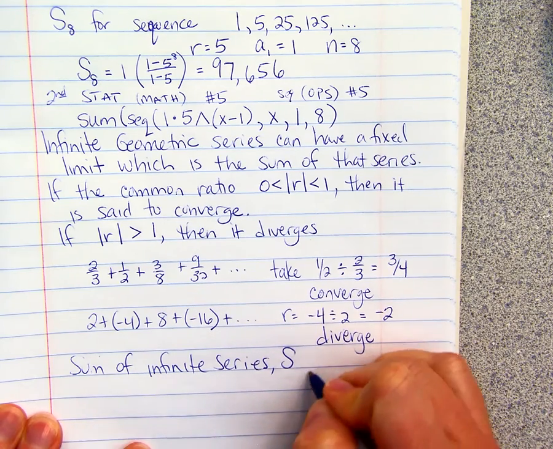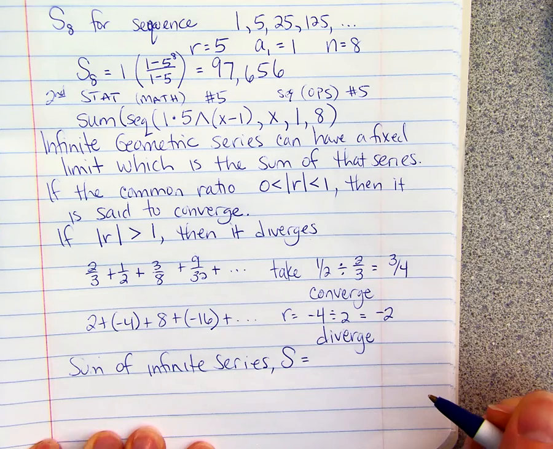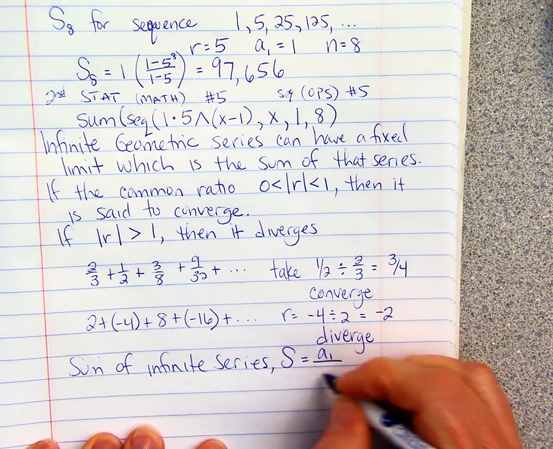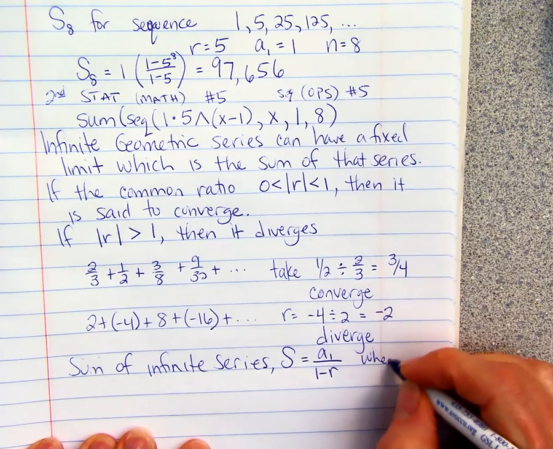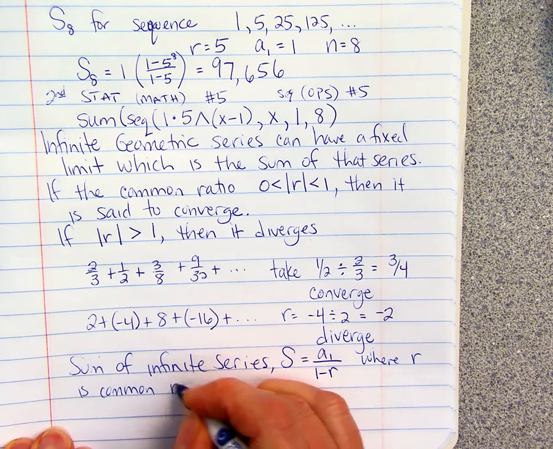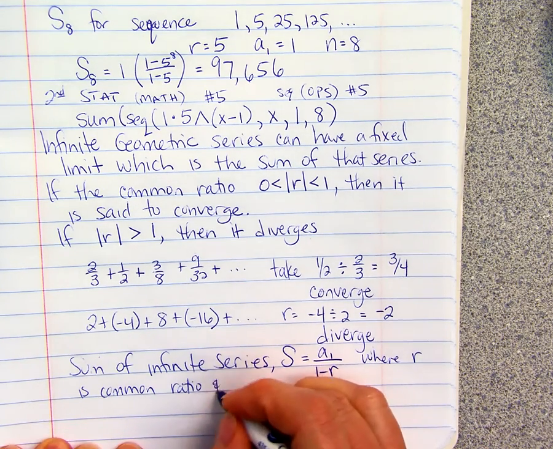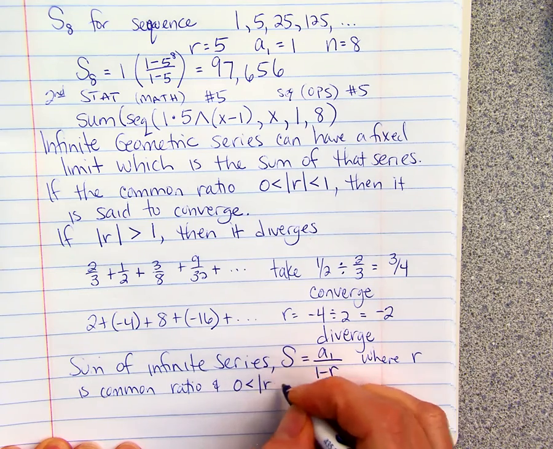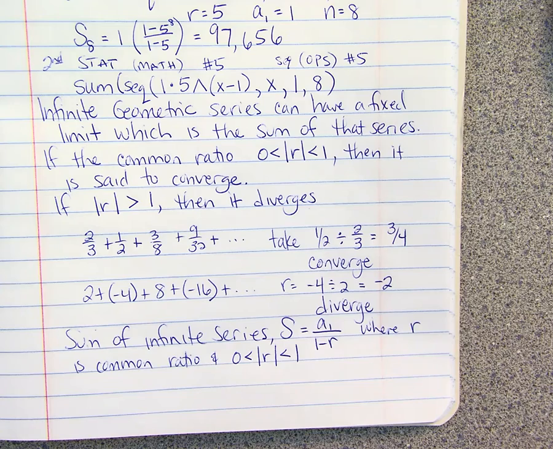We call that S, equals a sub 1 divided by 1 minus r, where r is the common ratio, and the absolute value of r is between 0 and 1. So since it converges, you can actually find the sum of the infinite series.